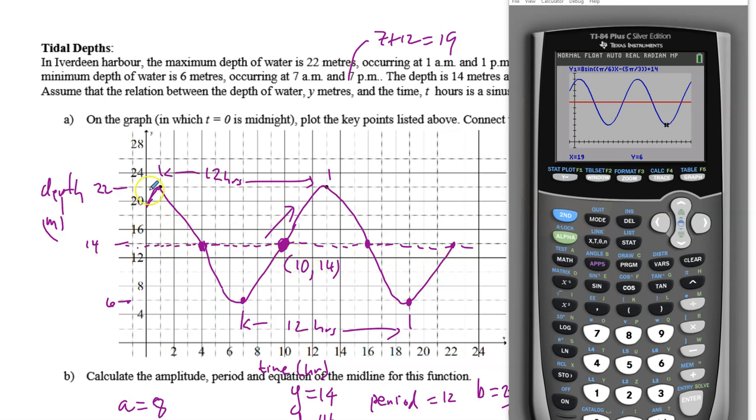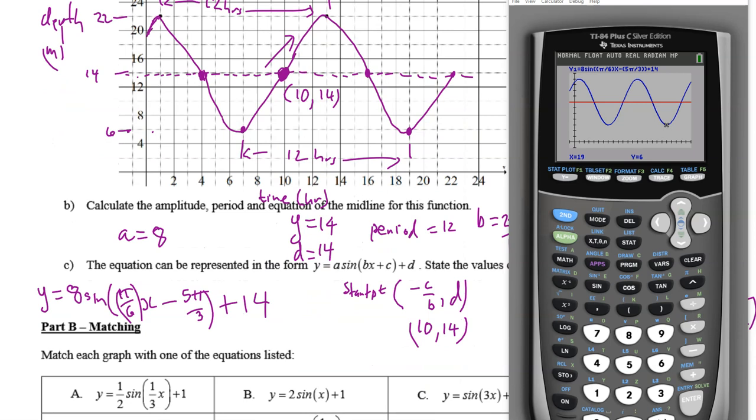We worked out the middle: max plus min divided by 2, and we got D is 14. So we got our D value. We then went max minus min, 22 minus 6 is 16, divided by 2 is 8, and that gave us our amplitude. So we have A and D. We used the period, which was 12 hours.